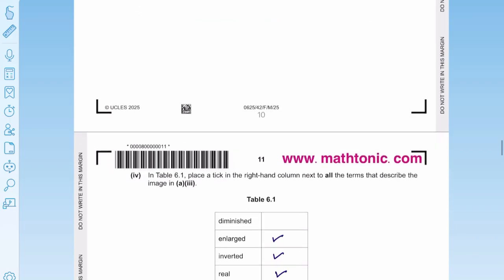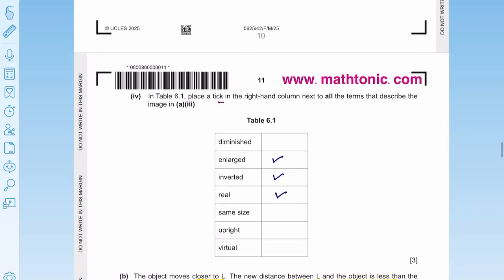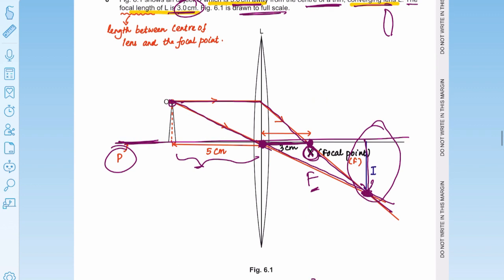The next part says, in the table place a tick in the right hand column next to all the three terms that describe the image. Okay, listen carefully. In a converging lens, if your image is produced on the right hand side, what kind of image is this? You can see here, this will be an inverted image.